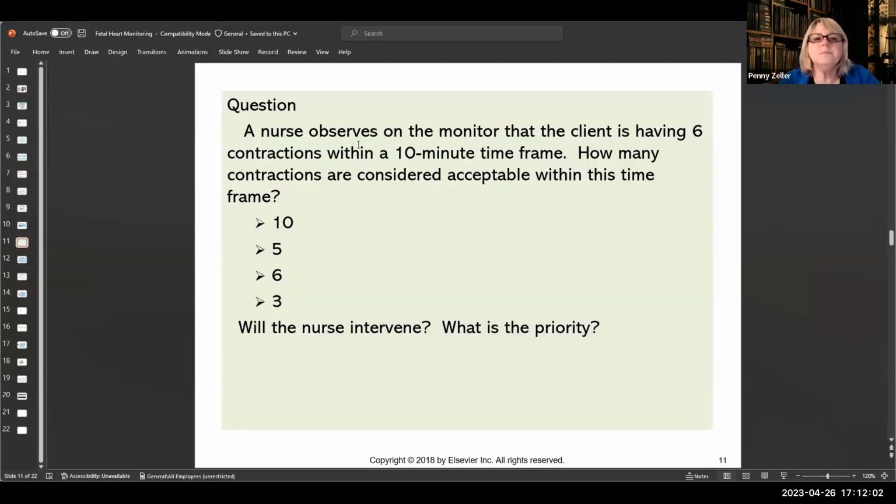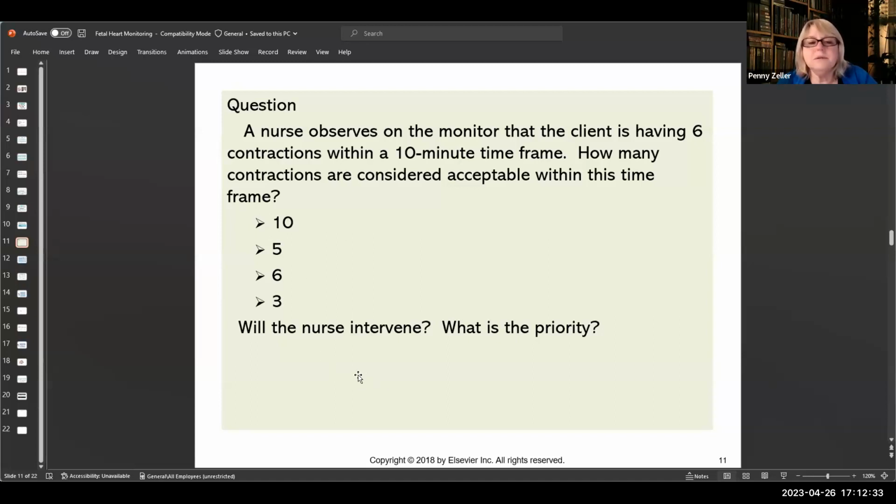A nurse observes on the monitor that the client is having 6 contractions in a 10-minute time frame. How many contractions are considered acceptable? 5 or less. 3 is better, but we don't want any more than 5.